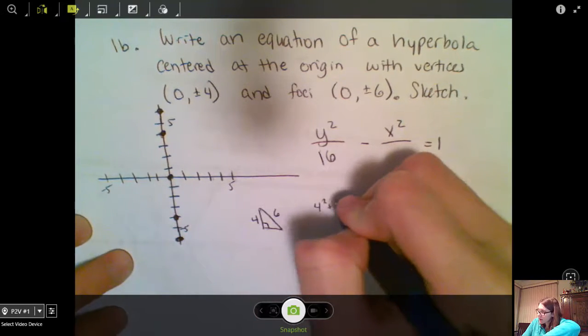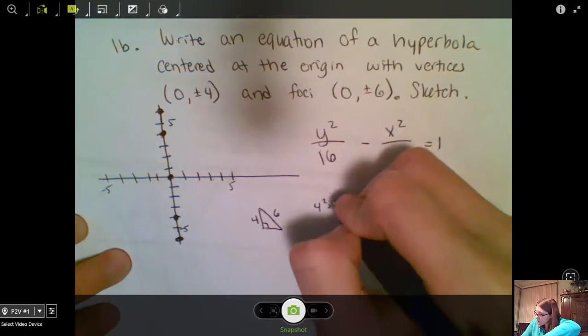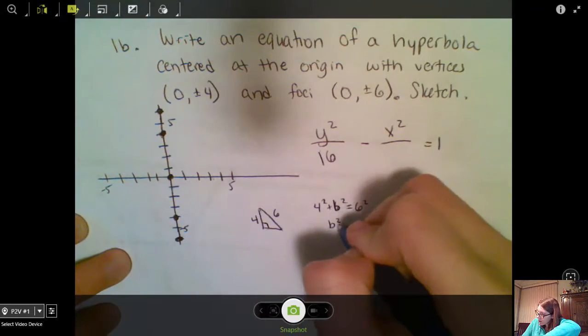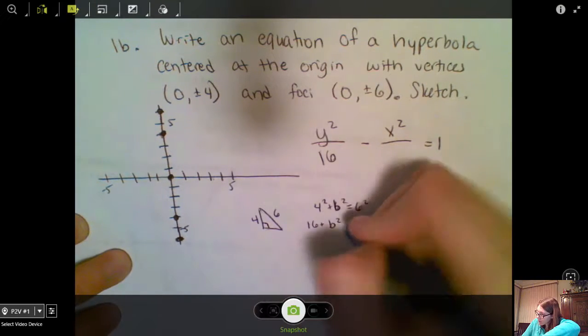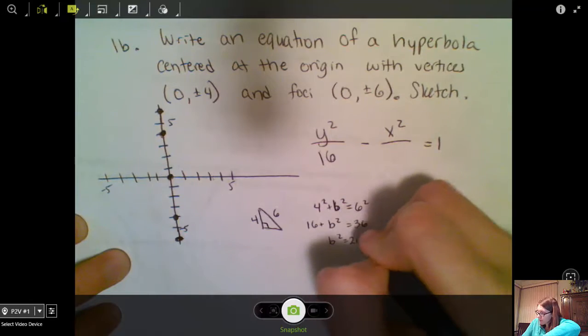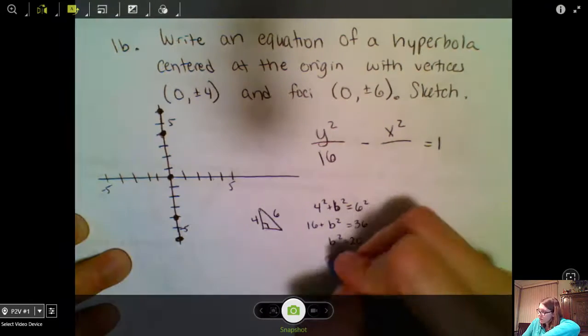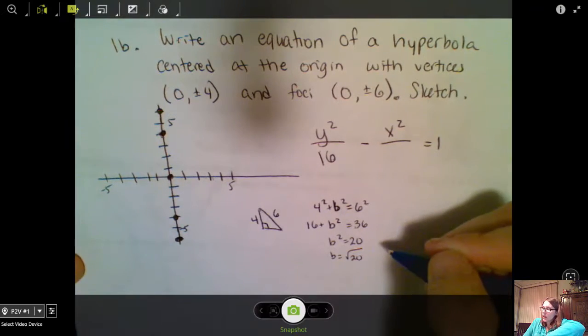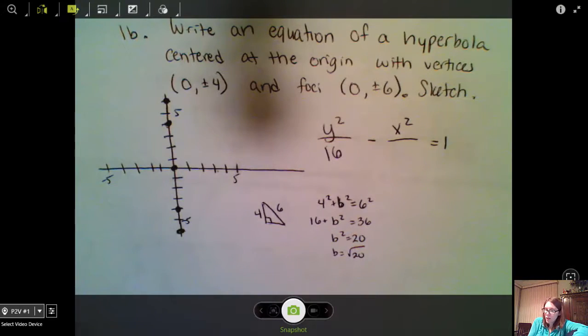4 squared plus b squared equals 6 squared. 16 plus b squared equals 36. b squared is 20. b is the square root of 20, and that's 4 point something.